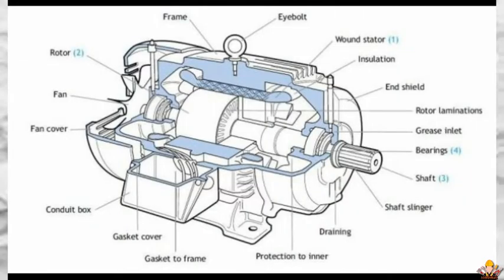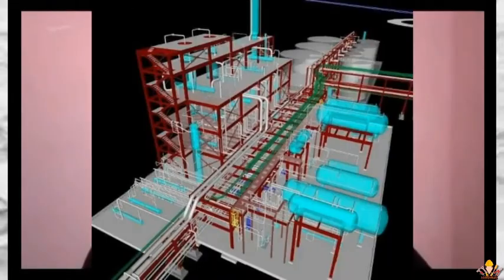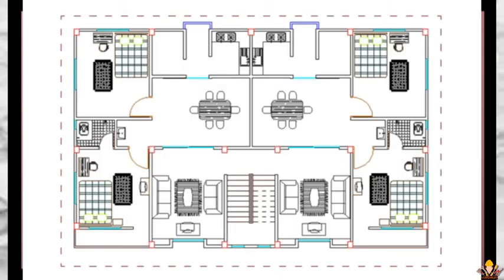For example, a mechanical engineer uses CAD to design motor parts, an electrical engineer to map out electrical systems, a chemical engineer for plant design, and a civil engineer for floor plans and structural design.